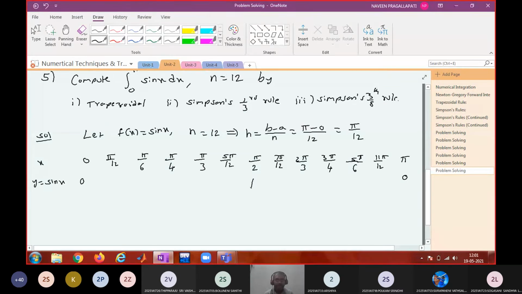Sine pi by 2 is 1. The remaining, you tell me. Sine pi by 6 means sine 30 degrees, 0.5. Sine 5 pi by 6 means pi minus pi by 6, that means 0.5.